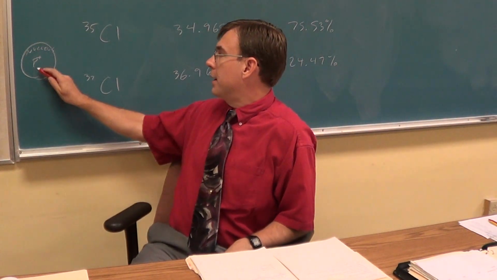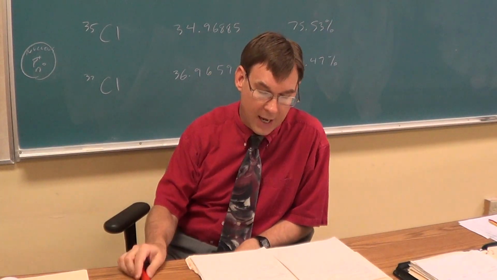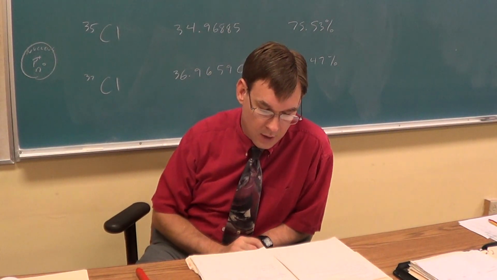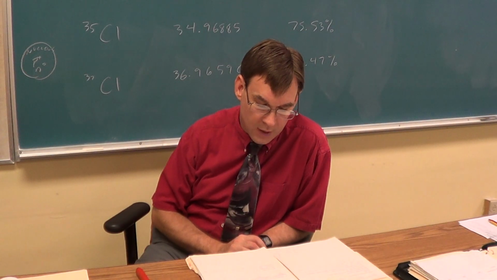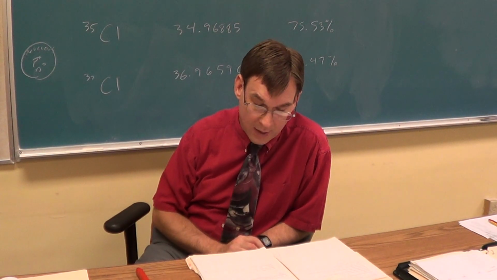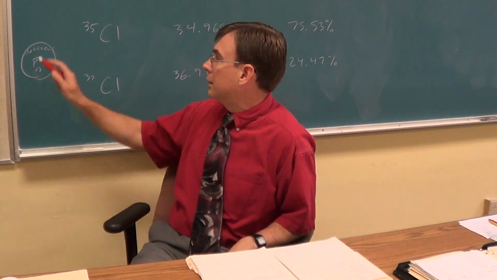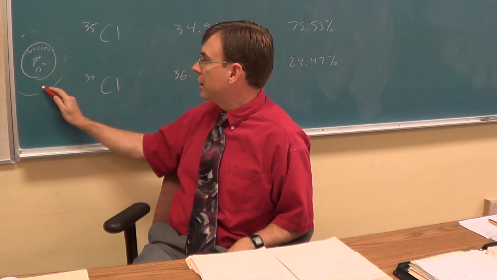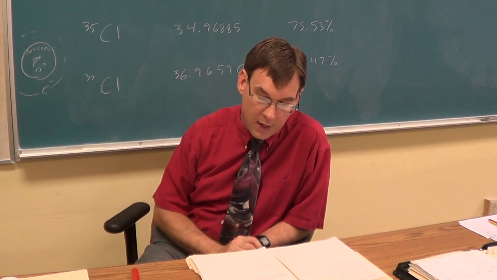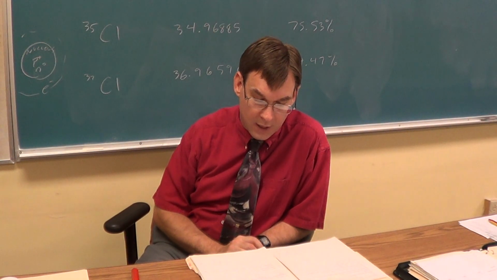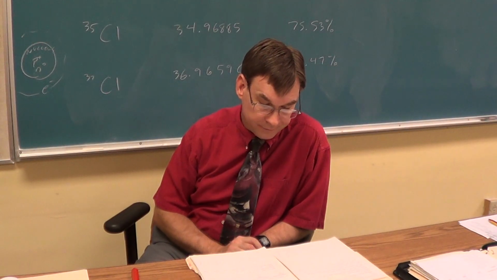Neutrons, also going in the nucleus with a N0 abbreviation, a no charge or neutral charge, and then also 1 AMU mass. Electrons are going to go floating around, an E- abbreviation, a negative 1 charge, and a negligible mass.